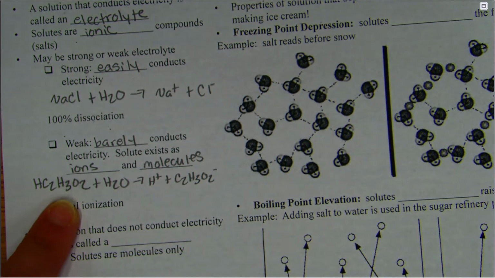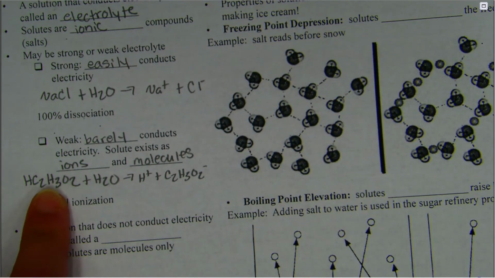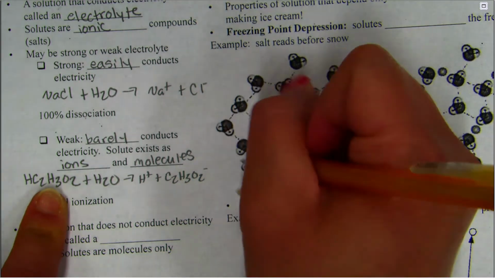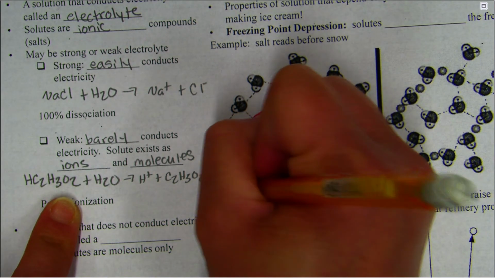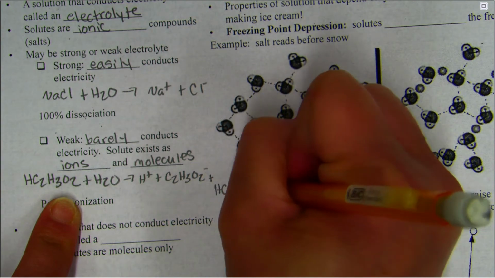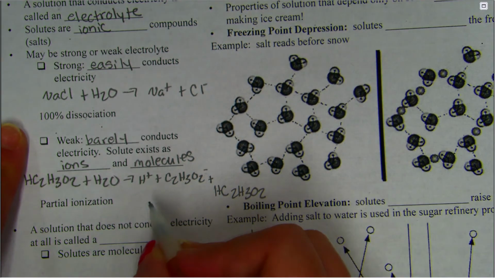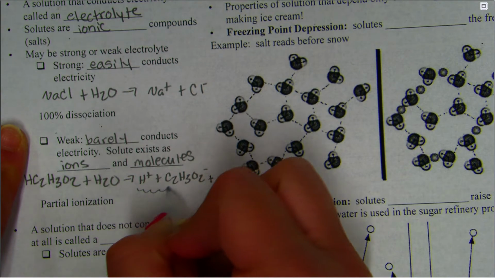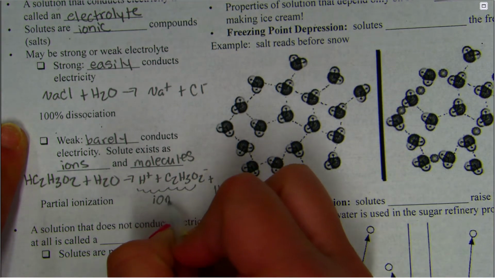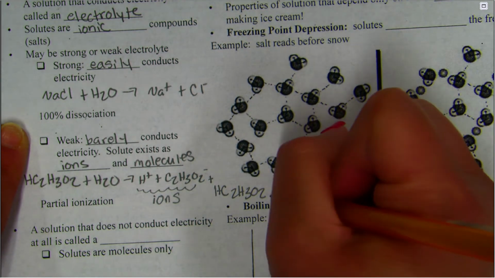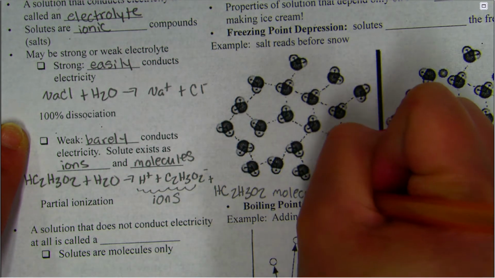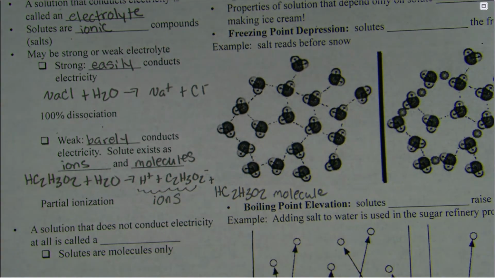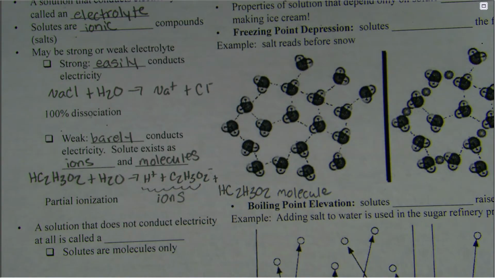But the majority of the acetic acid actually remains intact as acetic acid. So we get some ions, but the majority of it remains a molecule. So we say that it has partial ionization.